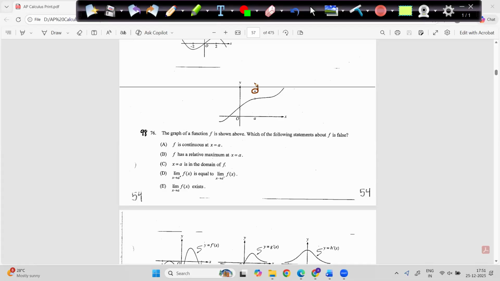But we generally say relative maxima when f dash x is 0 or even when f dash x does not exist. So no problem. What he said is also correct. He asked me about relative maxima, and I don't know whether the function has a relative maxima or minima over this interval. I cannot guarantee that. But in this interval, this is the relative maxima. This is the maximum point in this particular interval. So I can say true. D and E are both the same. X equal to A is in the domain.